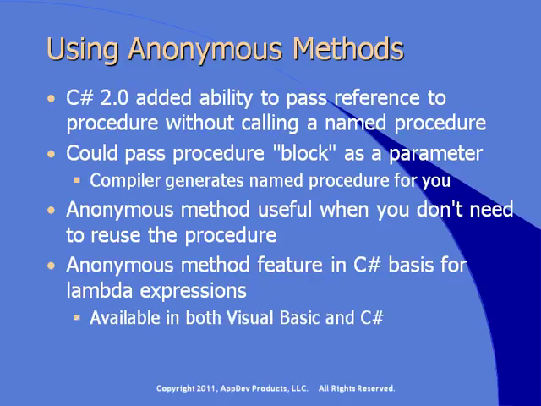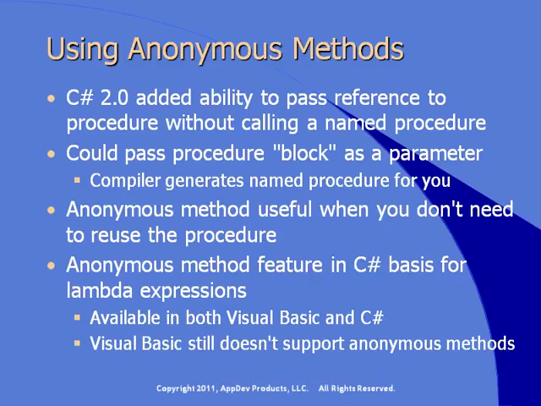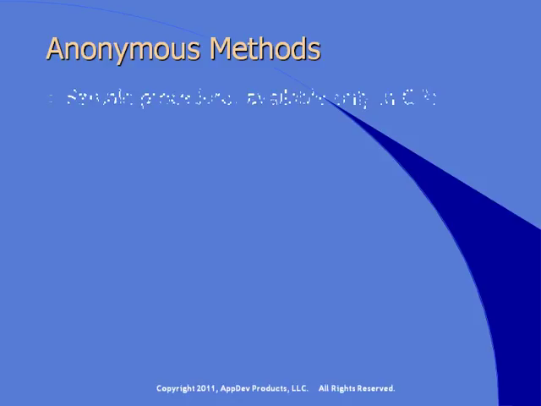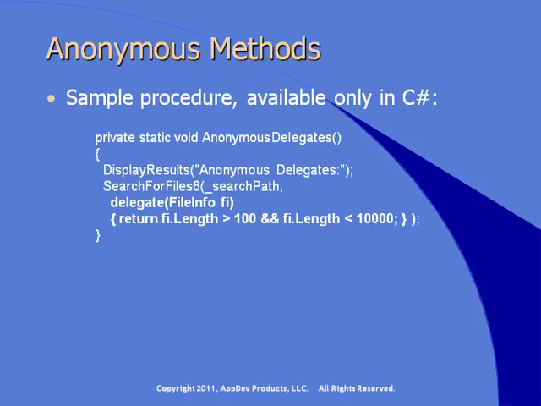Those are available in both Visual Basic and C#, but Visual Basic doesn't support anonymous methods. Here's our sample procedure, which is available only in C#. Here you'll see that we're going to call search for files again, passing in our search path. But this time we'll specify the delegate right here in the procedure. We don't need a separate procedure for this.